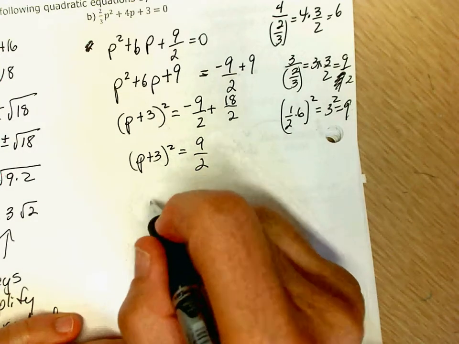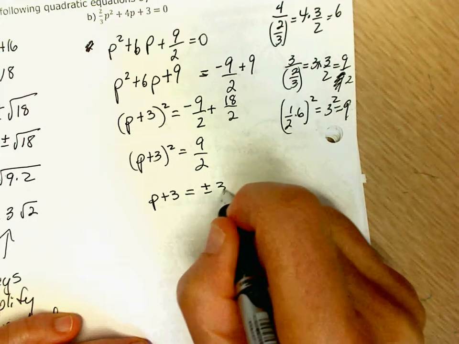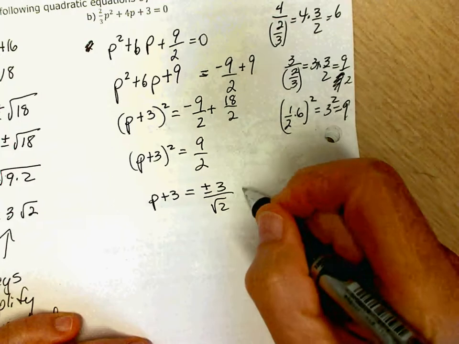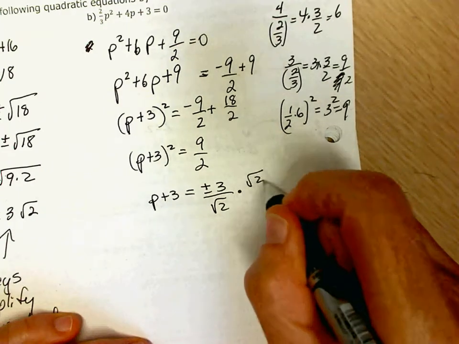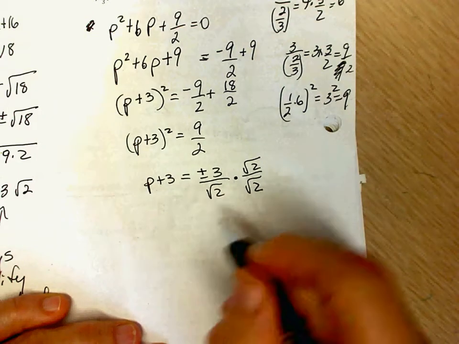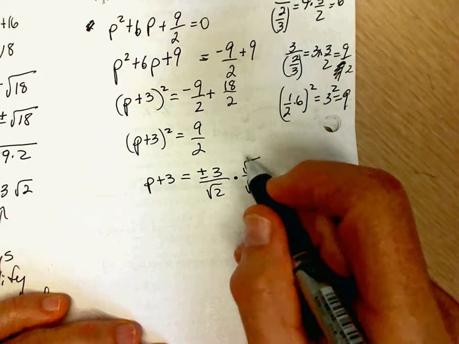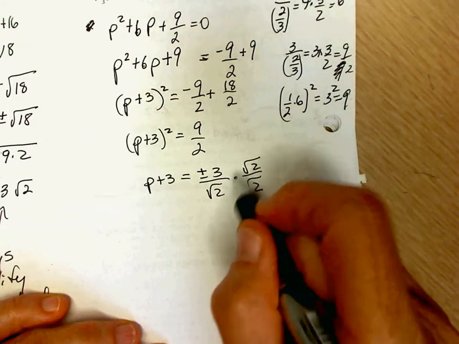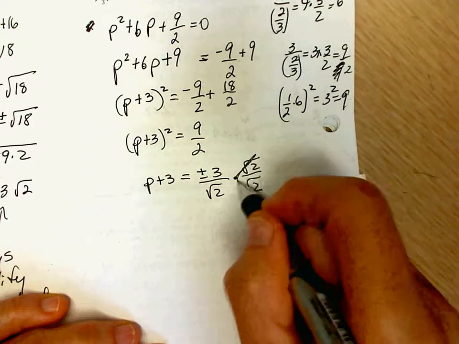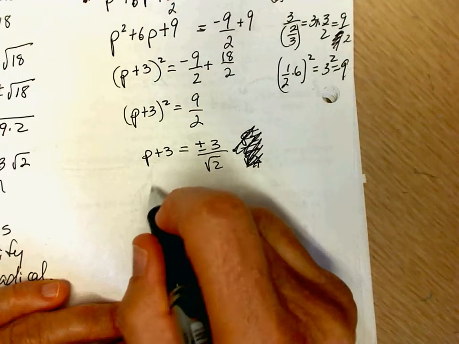P plus 3 equals plus or minus 3 over root 2. Multiply by root 2 over root 2 because you need to rationalize the denominator. Okay, maybe I did that too soon. Is this confusing you? You don't like that just yet? We can do it later. So we'll move this guy to the other side.